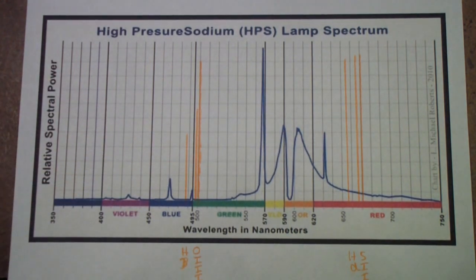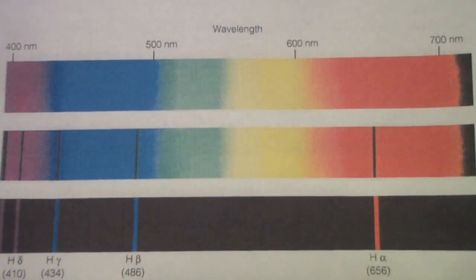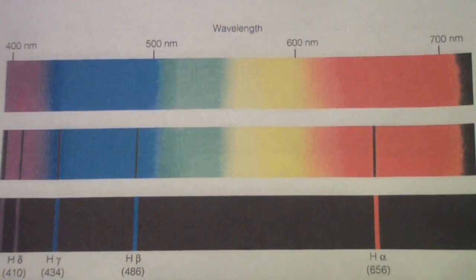Now, before we talk further about this, we do need to understand the difference between continuous spectrum, line spectrum, and absorption spectrum. Here are examples of the three types of spectra.